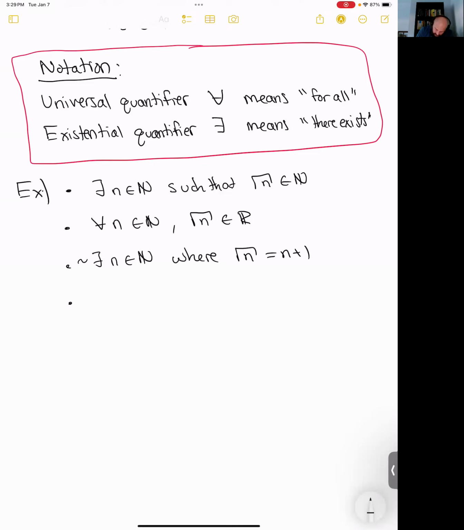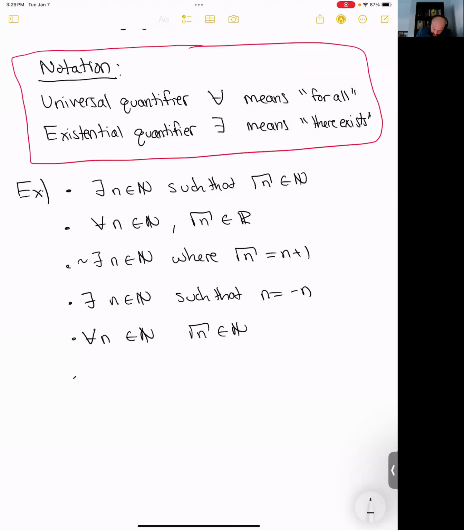We could say that there exists a natural number such that n is equal to minus n. We could say that for all n in the natural numbers, square root of n is in the natural numbers.